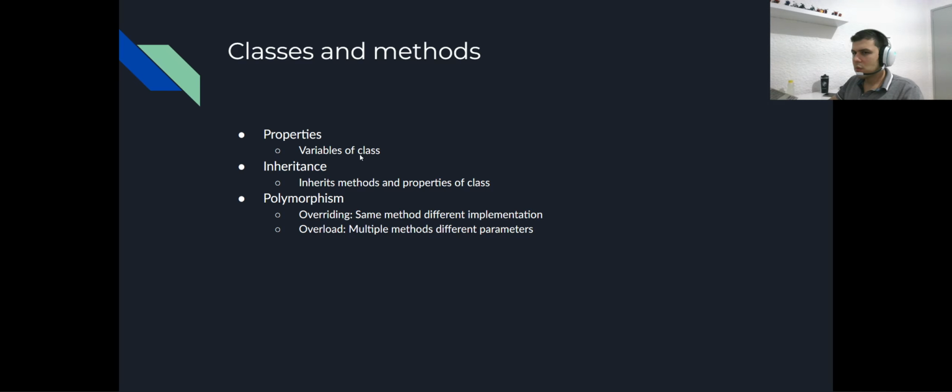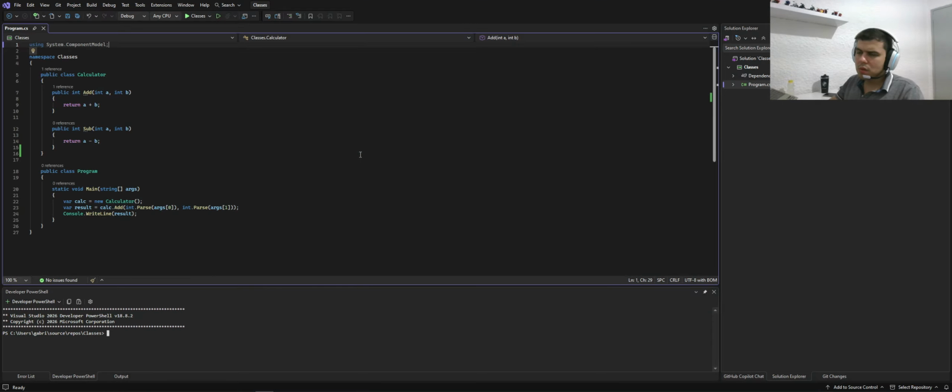I will go back to the same example of the last video. So we created a calculator and we created our class program. So our program entry point where the program starts is inside this main method.